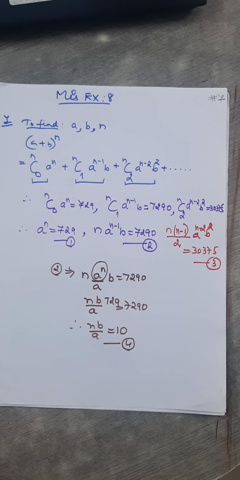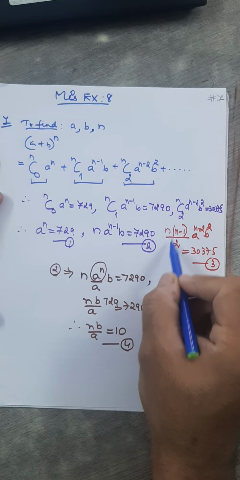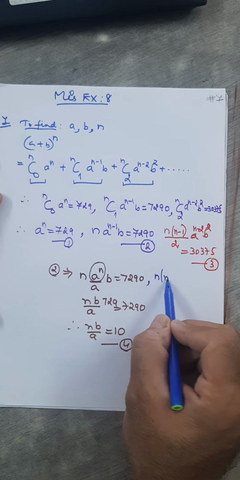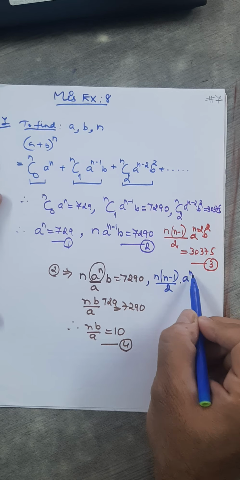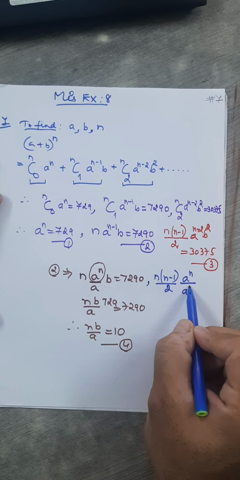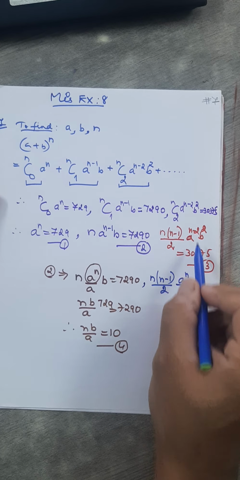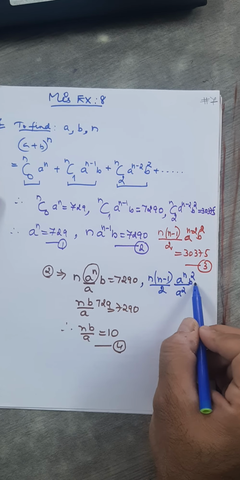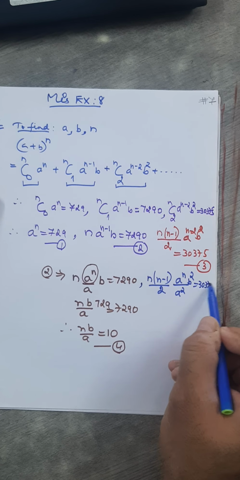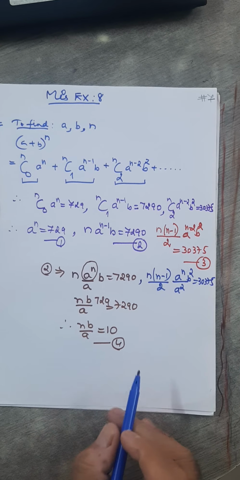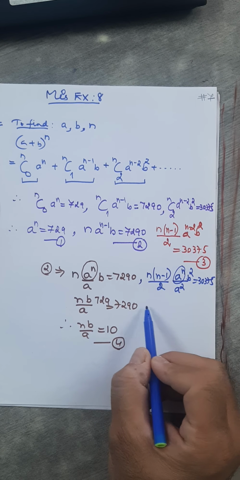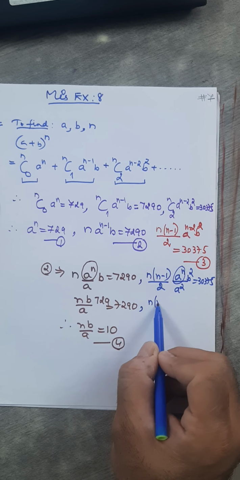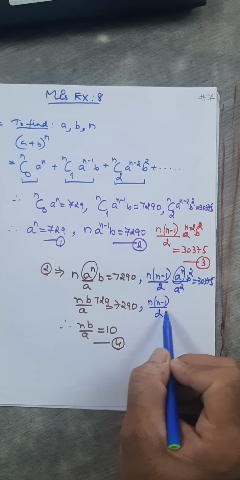Right? Okay. What about this? Equation number 3, I can write n into (n minus 1) by 2, and these I can write as a raised to n by a square, b square as it is, equals 30375. A raised to n again you know. So let me keep n into (n minus 1) by 2 as it is.